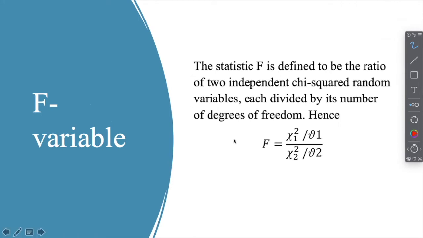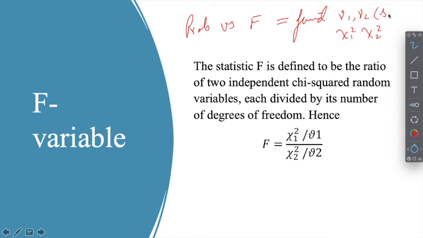Now, this F distribution is a distribution based on the variable F. It is nothing but probability with respect to F versus F, because F is a transformed variable. F is a function of nu1, nu2, chi1 square and chi2 square, or rather we can say S1 square and S2 square.